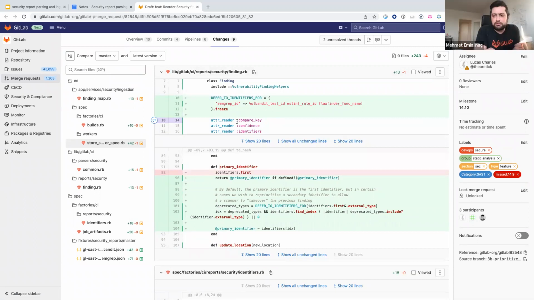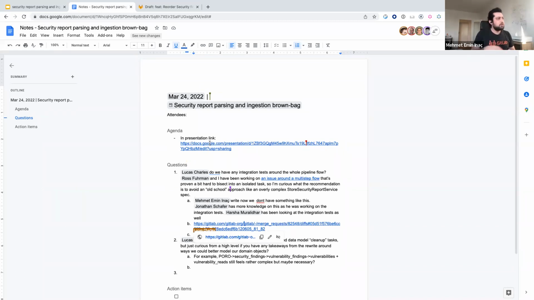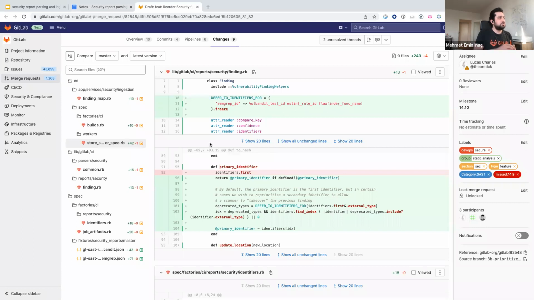Yeah, we don't have it right now. Okay, but we can definitely implement something like this. Yeah, that's a good idea. Do we need to create a follow-up issue for this, or would you like to collaborate on this MR to create the integration test?